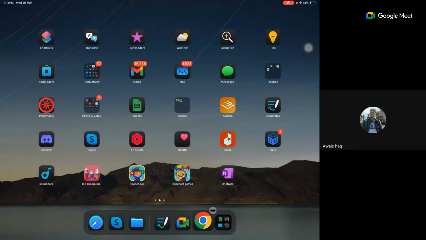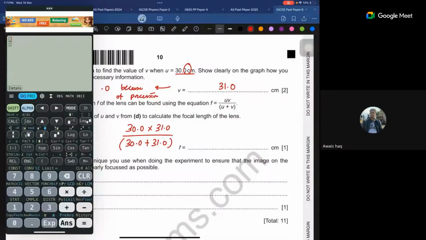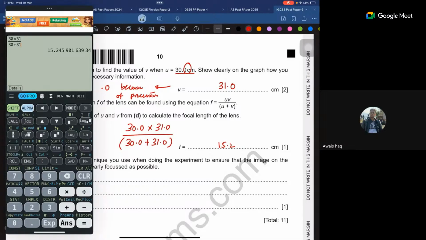So then it's going to be 30 times 31 over 30 plus 31, and it's going to be 15.2 again. So I want to make sure that I keep the same decimal places because we're doing significant figures. Because there are 3 significant figures that we use, so our answer should be in 3 as well.